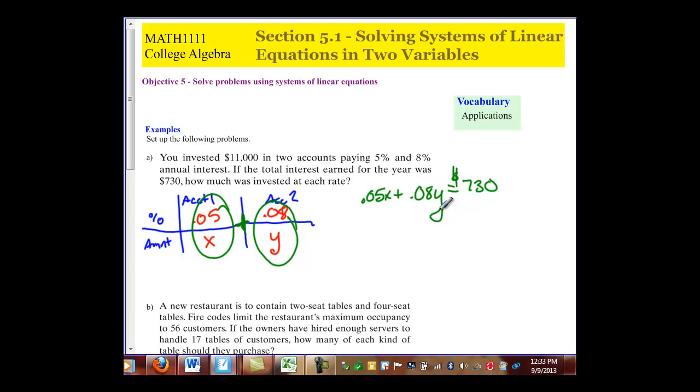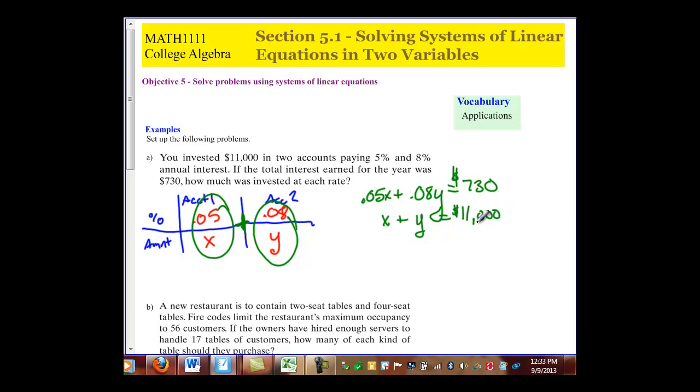Is that part okay? Okay. That was the hard part. The other part is the equation for the amount. We know the amount we invest in account 1 plus the amount we invest in account 2 is going to equal what? Yeah, that $11,000. So we know that x plus y is going to be the $11,000.